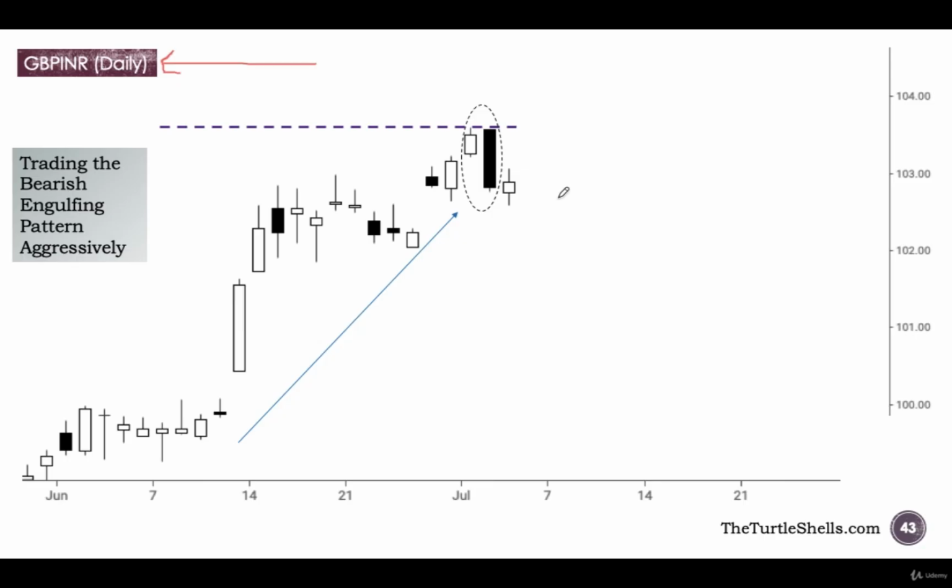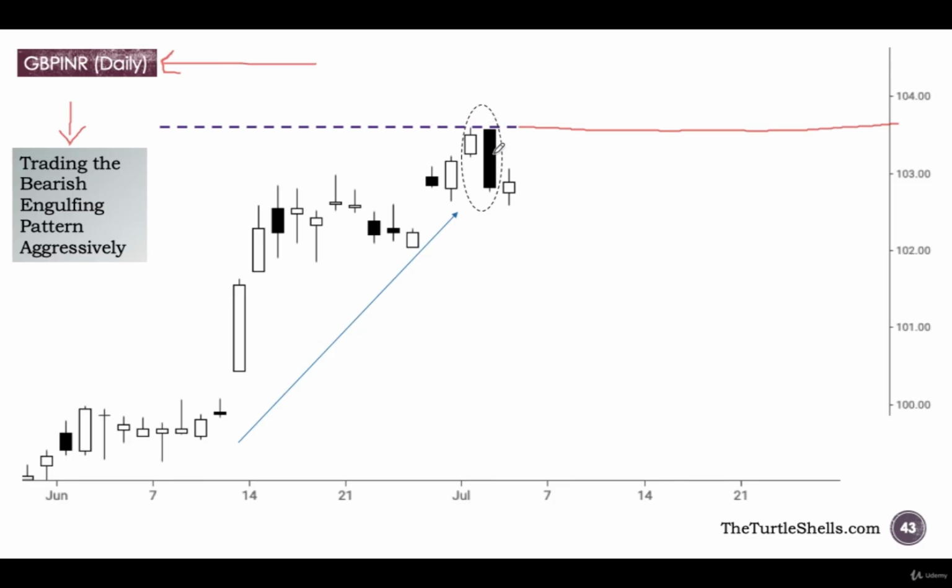Whatever you want to do, you are basically analyzing the price, and Japanese candlesticks are a way to analyze the price action. So here we are trading the bearish engulfing pattern very aggressively. Aggressive because this bearish engulfing pattern pointed by this oval shape is not confirming any prior resistance point. That is one thing. Second thing, I have drawn this purple dotted line here because that's our resistance point.